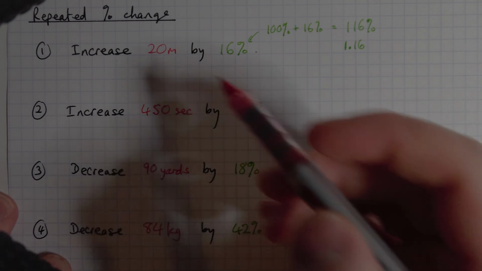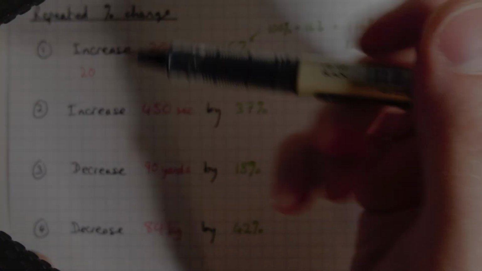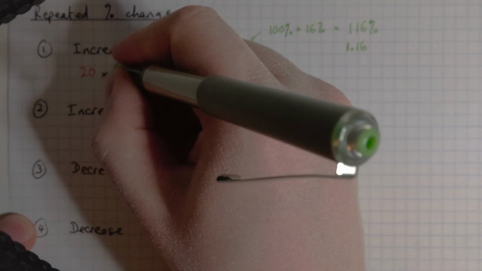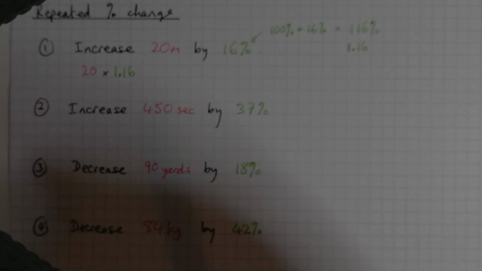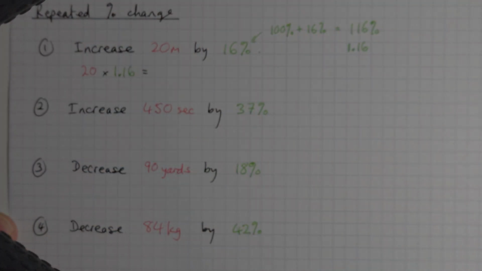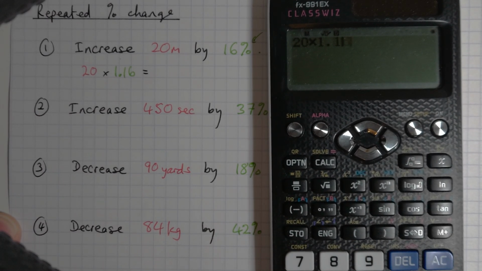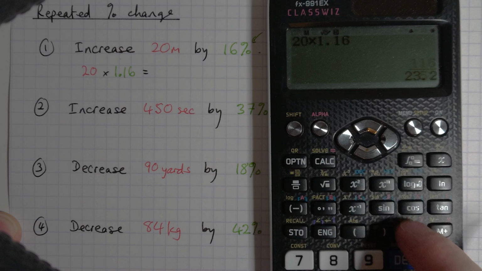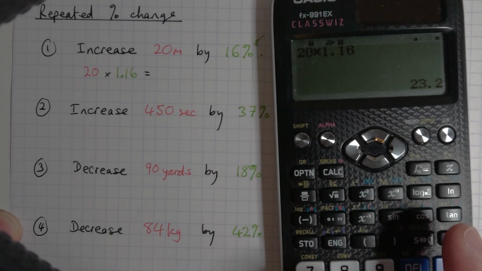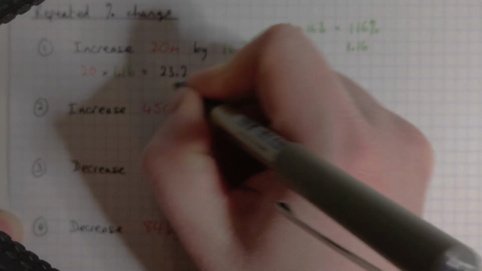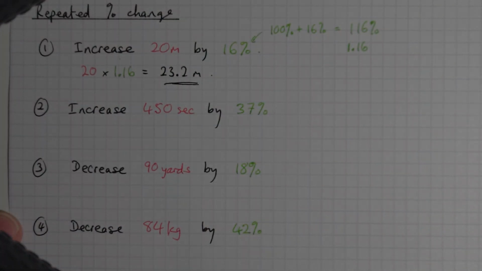So if I take the thing that I first started with, which was my 20, and I multiply by my multiplier, 1.16, I should get the answer of 20 metres increased by 16%. I'll do it on my calculator, certainly not doing that in my head. So 20 multiplied by 1.16, calculator tells me if I press SD, 23.2. So that's the final answer, 23.2 metres.